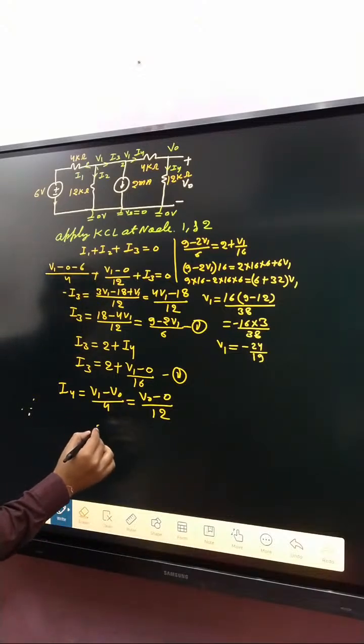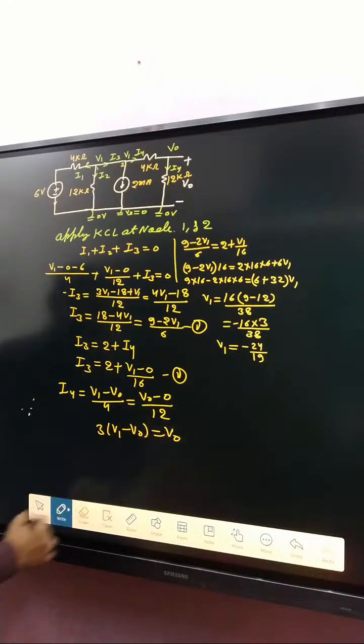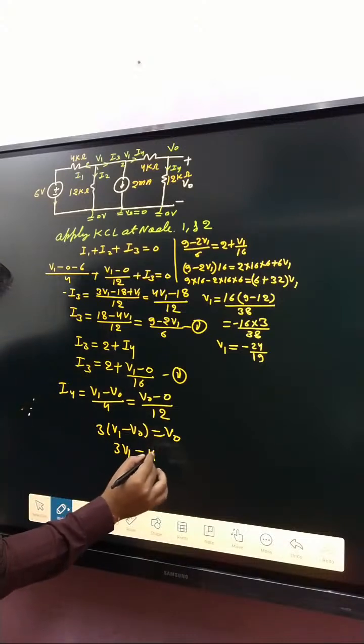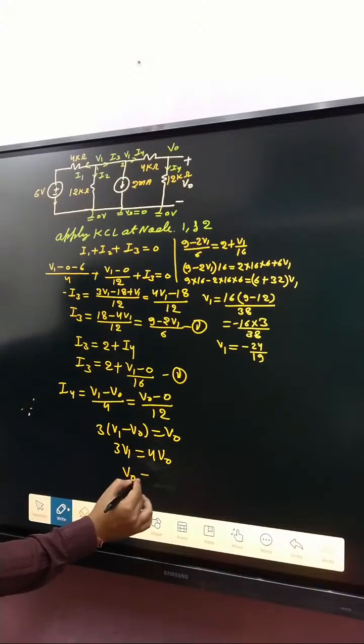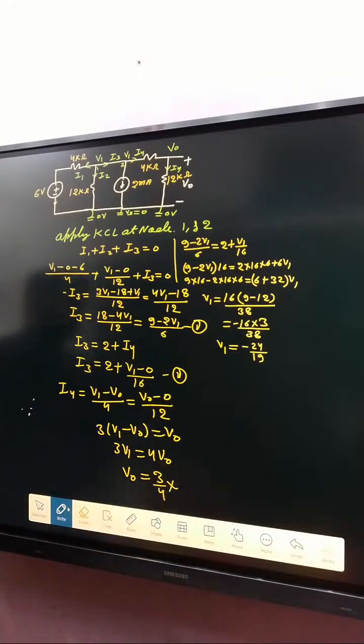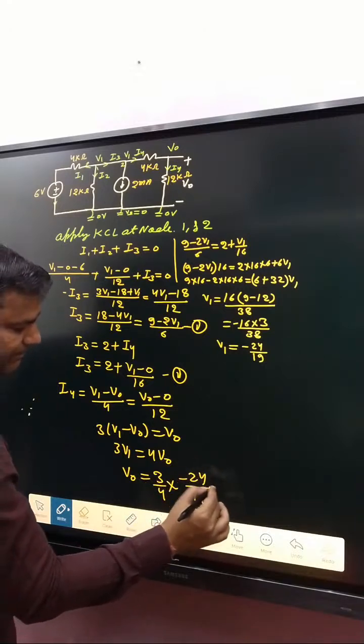So 12 divided by, that is 3 V1 minus V0. This is equal to V0. So 3 V1 is equal to 4 V0. So V0 is 3 by 4 into that value, put minus 24 divided by 19.